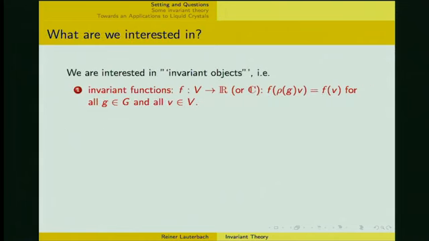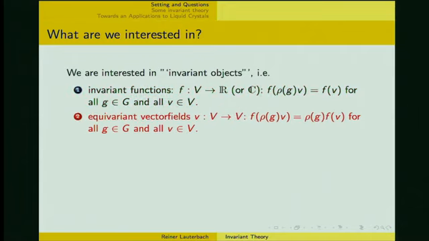And we are interested in invariant objects. What do I mean by that? By this, I mean functions which are invariant under the action of the group, which take the same value along the group orbit, or equivariant vector fields. I changed notation.